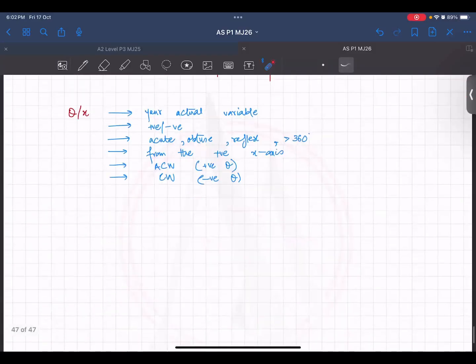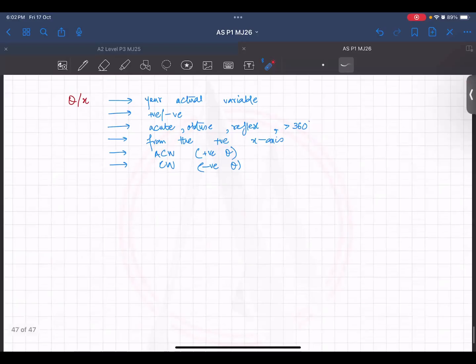Okay, so now if I ask you to plot some of these angles theta on your grid, on this, not your grid, what do we call this? Simple, this CAST thingy.